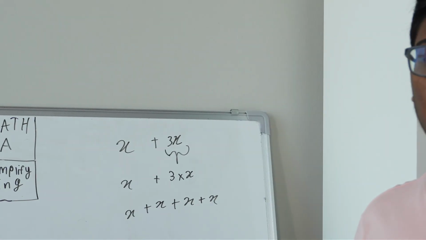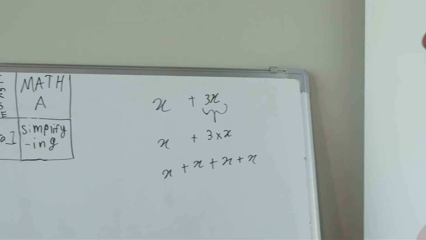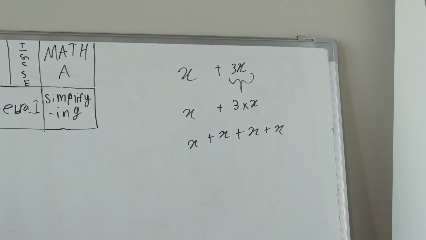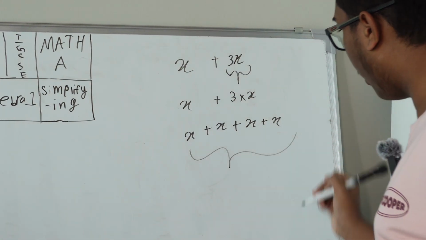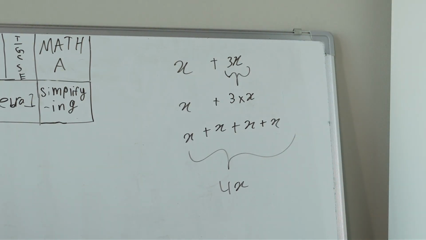As you know, multiplication is repeated addition, and in this case we have 4 terms of x being added to each other, and so we can conclude that this whole total is 4x. So to put it simply, x plus 3x is equal to 4x.